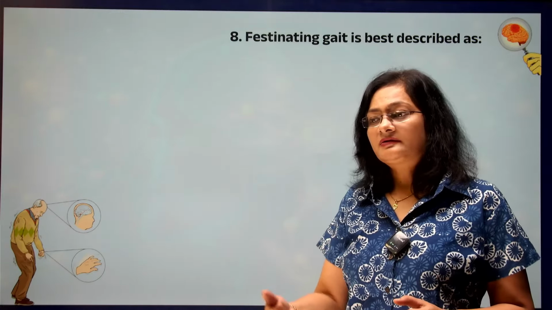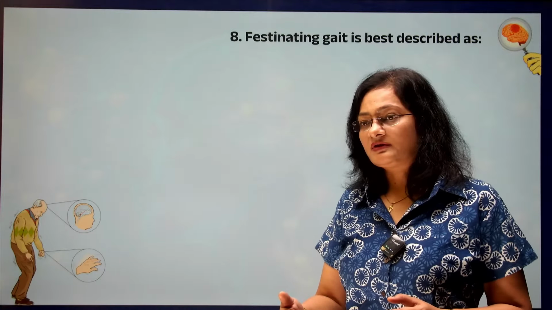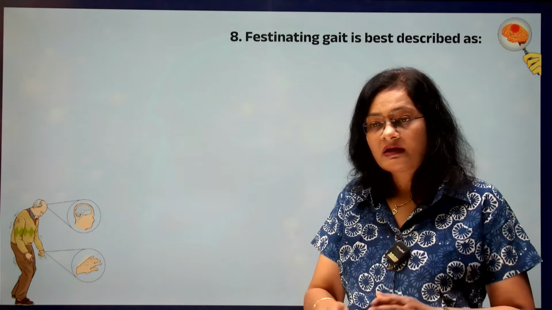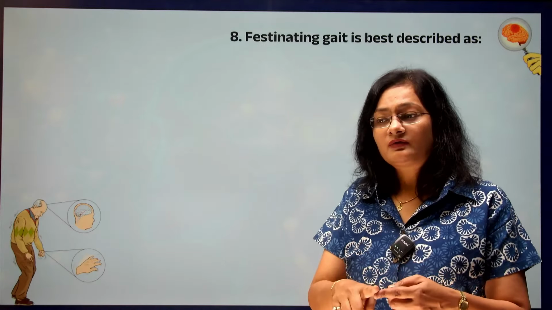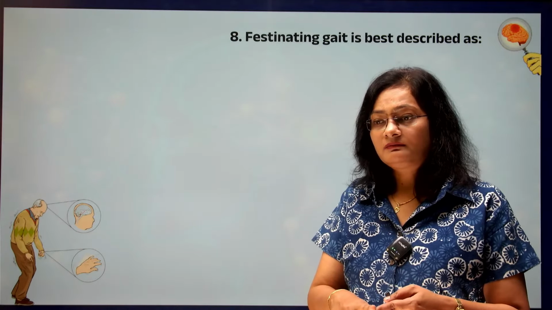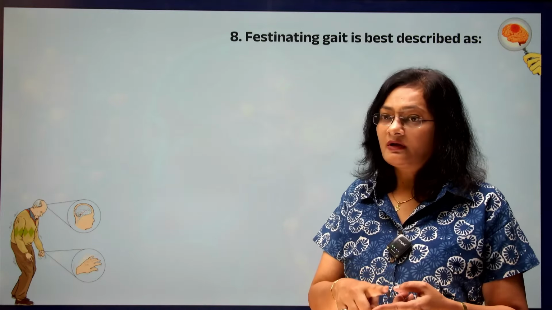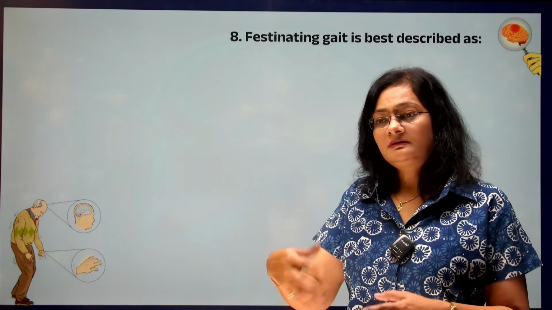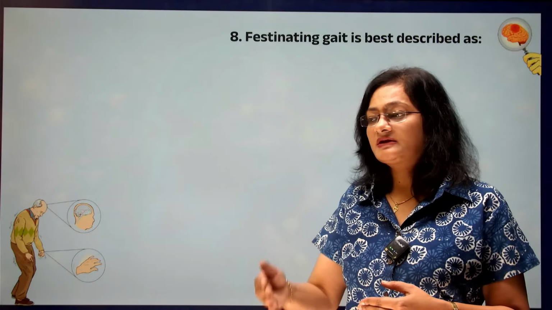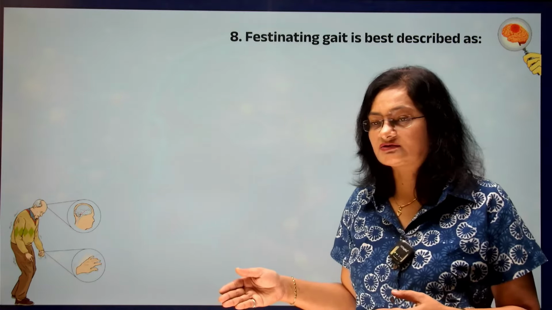The patient will always try to chase his center of gravity. With stoop posture, small shuffling steps will be there. The patient will have difficulty in turning around and difficulty in avoiding obstacles. So when the patient tries to avoid the obstacle, there will be freezing episodes.